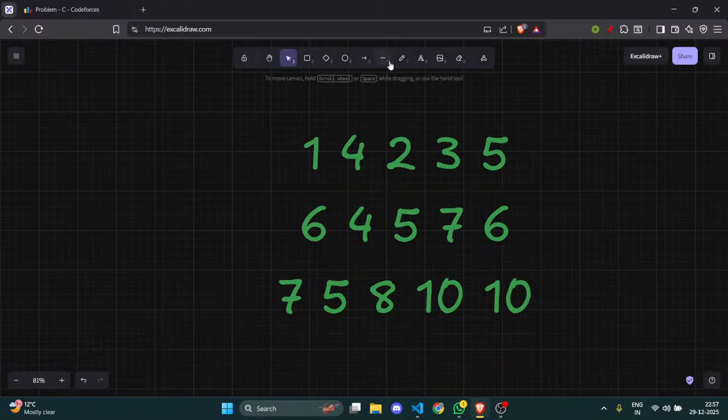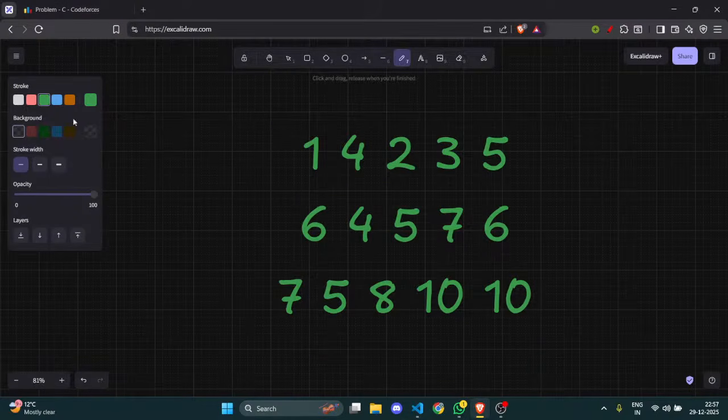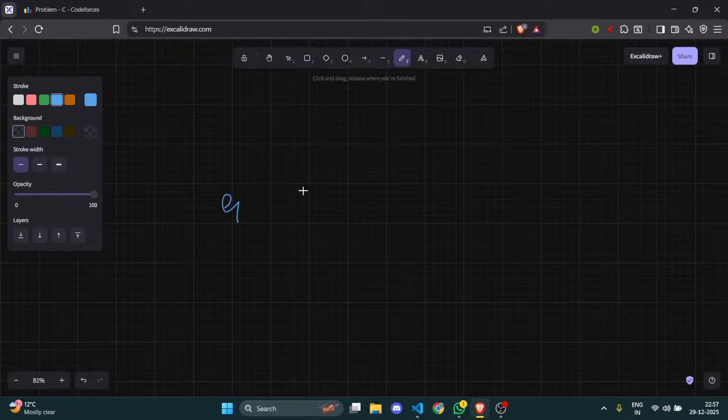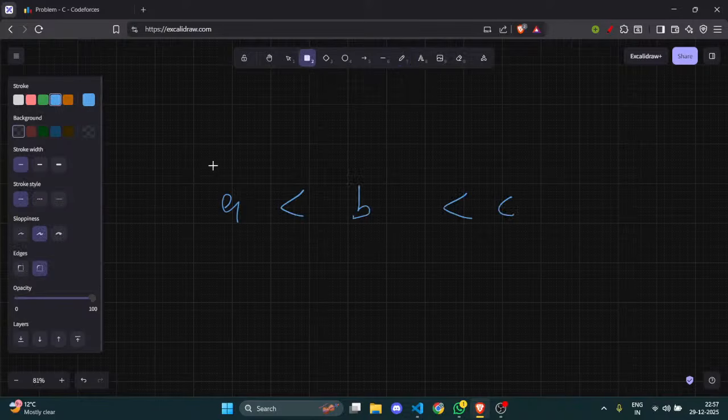So let's say these are the snowballs and let's mark them by A. This is A, this is B, this is C. First of all, I want to say that I can treat them separately. The condition was A greater than B, B greater than C. So can I make the condition in two parts?